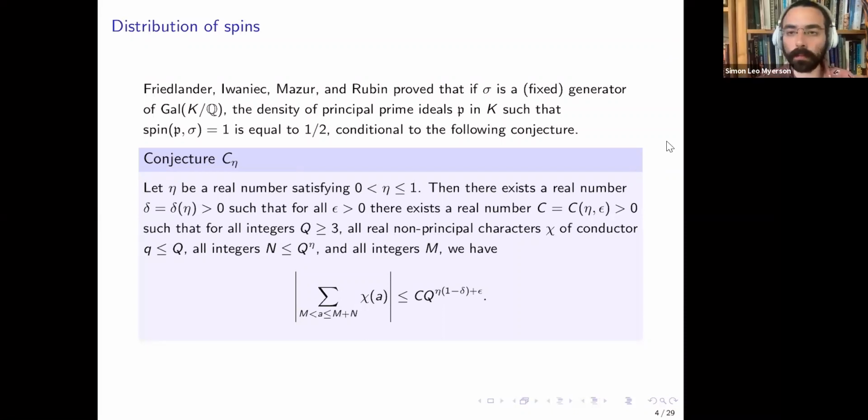Not at all. Okay, yeah, so it's conditional on this conjecture on character sums.